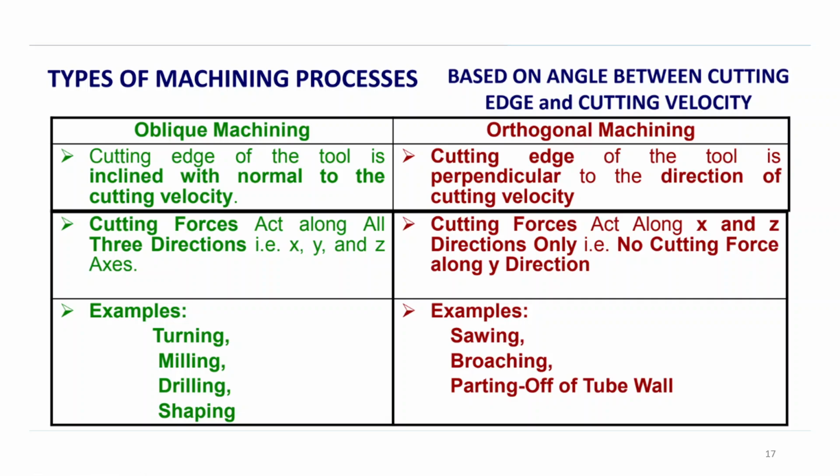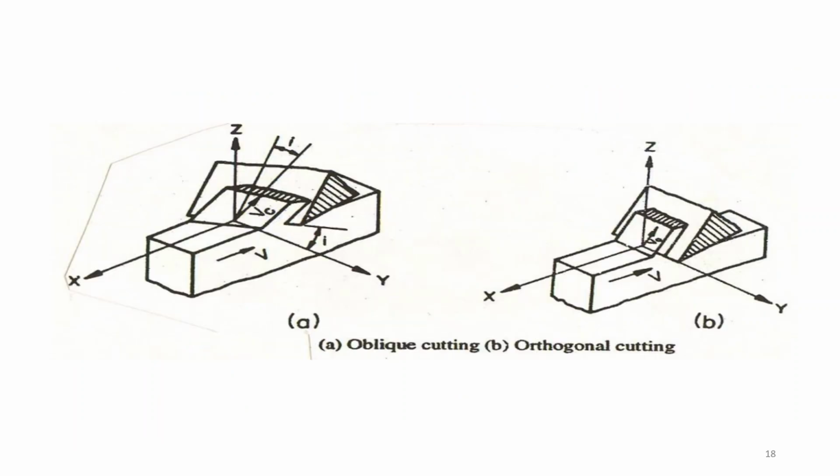And examples of orthogonal machining are slotting, sawing, broaching and parting off of tube wall. Now these are both the oblique cutting and orthogonal cutting. So here it depends on the angles between this tool and the cutting direction.